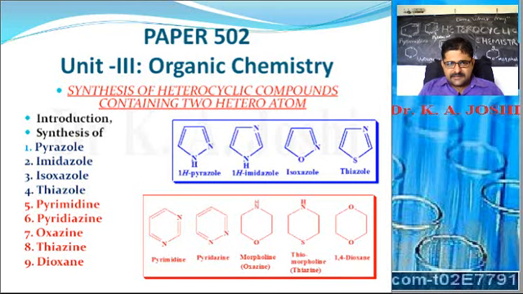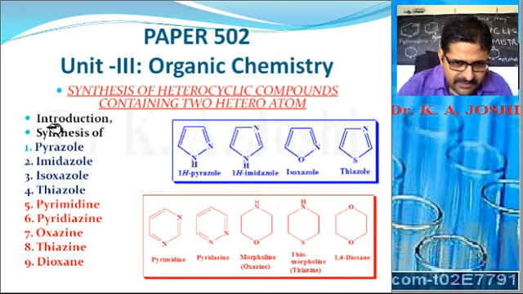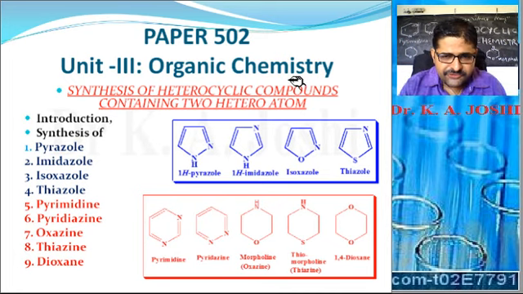In this chapter we will discuss the following points: introduction and synthesis of several heterocyclic compounds. Friends, you can observe that the first four are written in blue color, and also the structure of the first four.